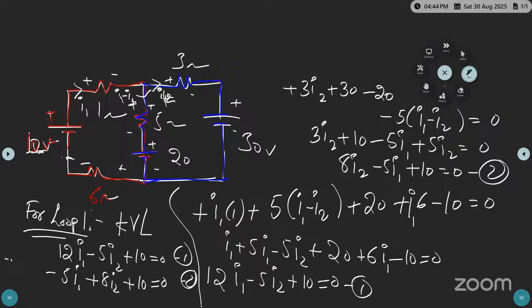Now, I1 left side, what is the value there? 12. I1 left side, what is the value? 5. So, equation 1 multiply with 5. Equation 2 multiply with 12.